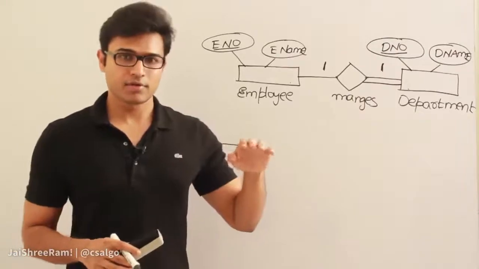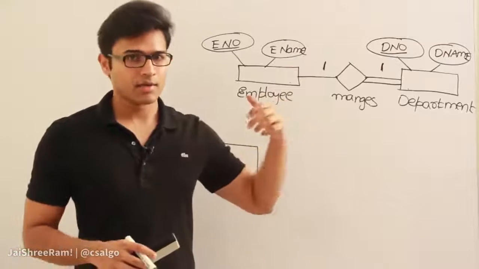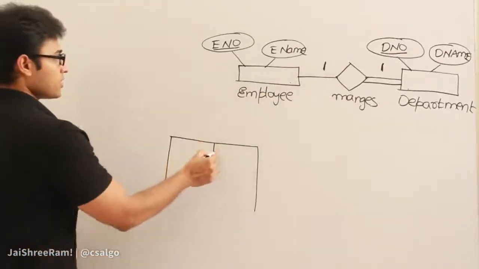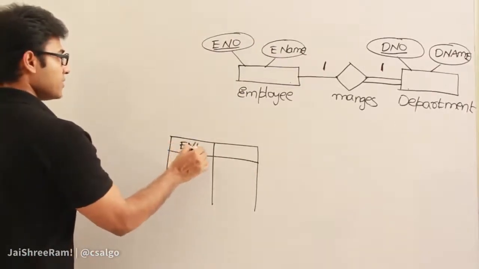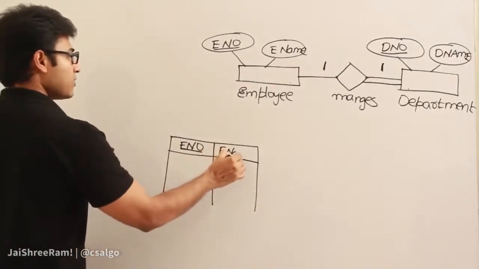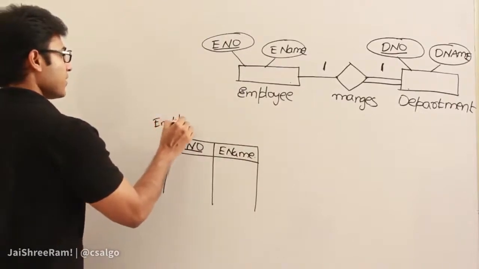Step 2 discussed the weak entity. Here there are no weak entities, both are strong entities, which means both must already be having tables. So one table for employee must already be existing, and it is having employee number, which is the primary key, and employee name. These are the two attributes which are already present in this table, and the name of the table is employee, right?